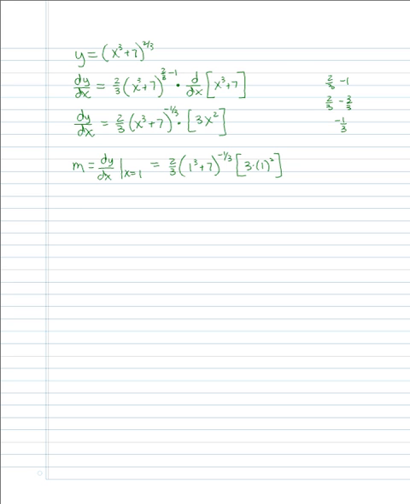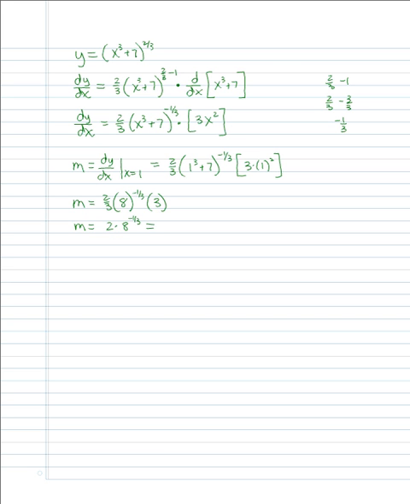Well, as we calculate, inside these parentheses, 1 cubed is 1, and 1 plus 7 is 8, so this is 8 with the exponent negative 1/3 on it. And of course out here we have 3 times 1 squared. 1 squared is 1, 3 times 1 is 3, so it would look this way. And now we can notice, of course, that the 2/3 times the 3 is just a 2. So this is 2 times 8 to the negative 1/3 power.